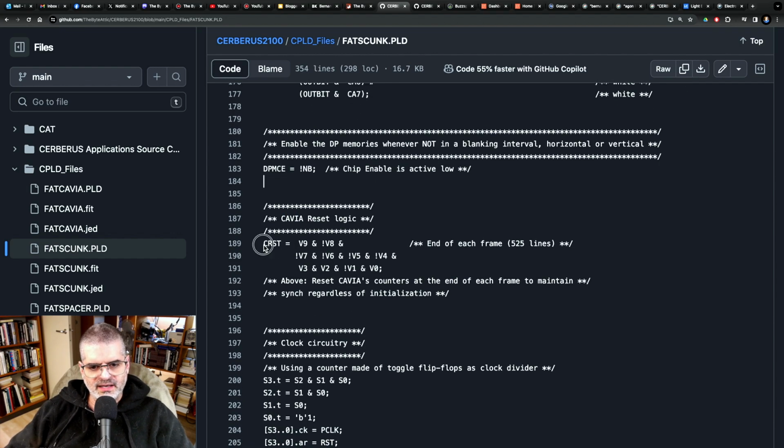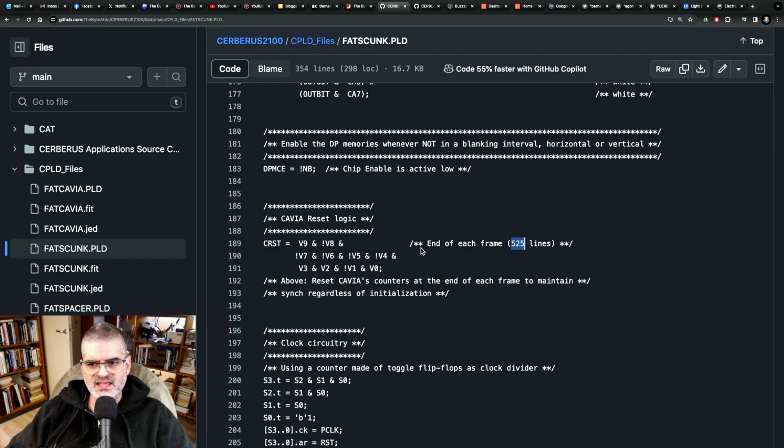Now this is the CAVIA reset logic. We want to reset it at the end of the frame, and the frame ends after 525 pixel lines. We are not talking about character lines anymore. It's not text lines anymore. Skunk deals in pixels.